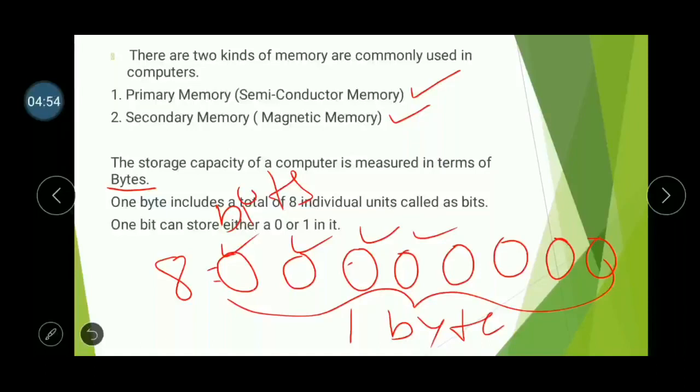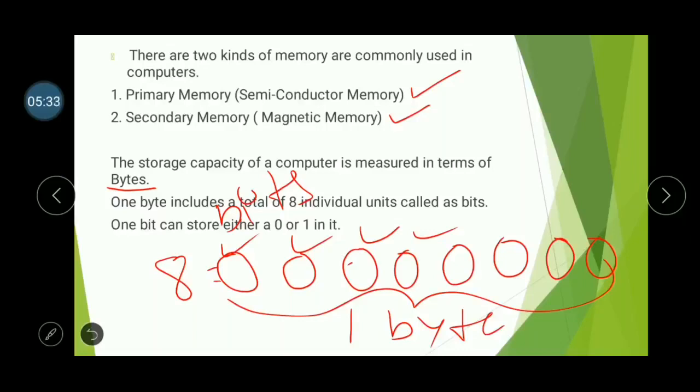The storage capacity of a computer is measured in terms of bytes, like we measure sugar in kgs and oil in liters. The computer system stores data and information, so how is that storage capacity measured? It is in terms of bytes. And what is a byte? The 8 individual bits are equal to 1 byte.